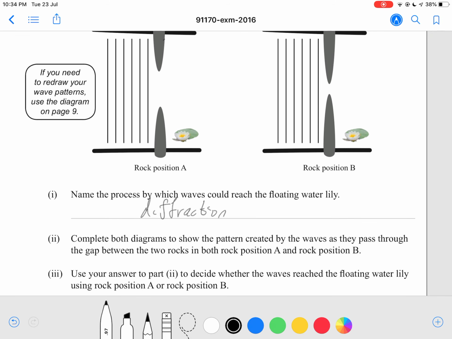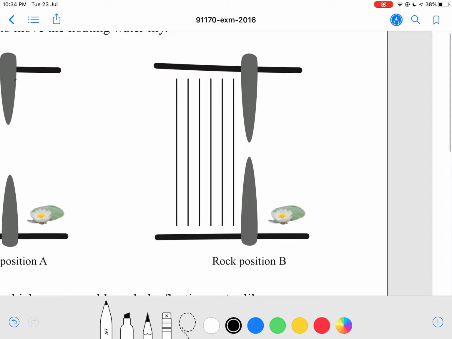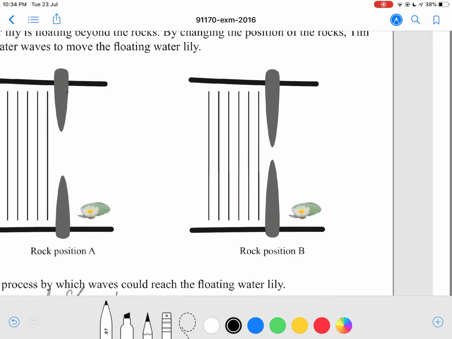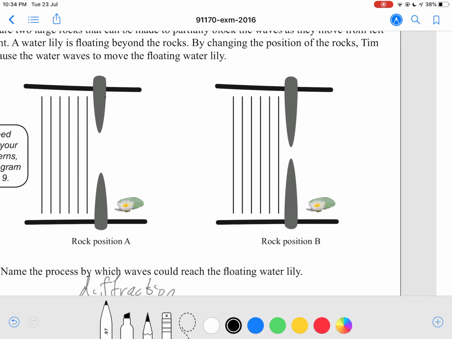Complete both diagrams to show the pattern created by the waves as they pass through the gap between the two rocks in both position A and position B. Alright, so my drawing isn't going to be fantastic, okay, but the two things to remember: if the gap size is smaller or the same as the wavelength, then there's going to be maximum diffraction, and the diffraction is going to be seen as semicircles. However, if the gap is a lot larger than the wavelength, then it's going to be minimal diffraction, okay?